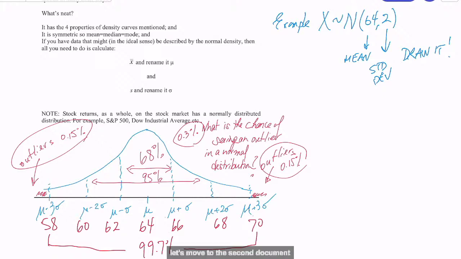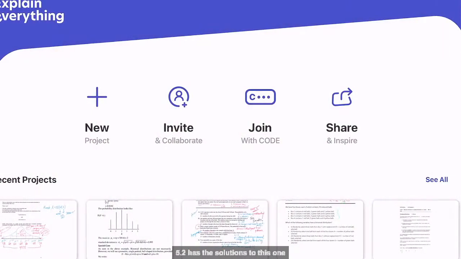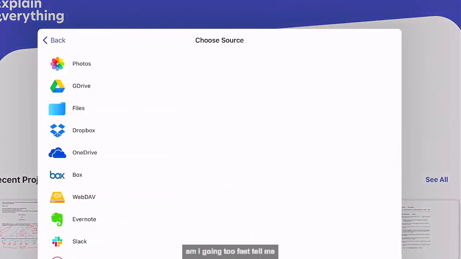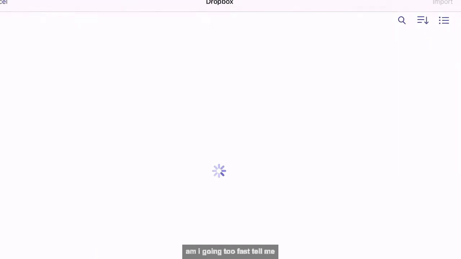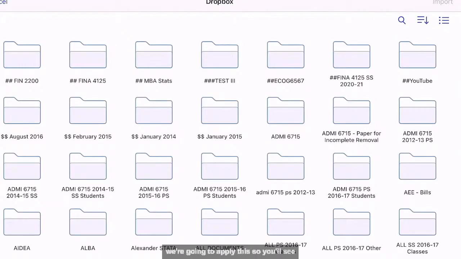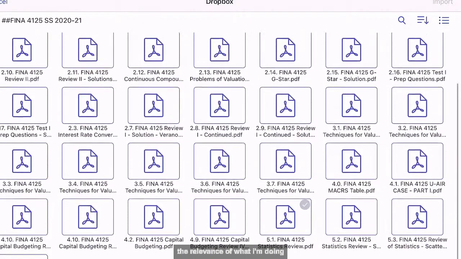All right, let's move to the second document. 5.2 has the solutions to this one. Am I going too fast? Tell me. We're going to apply this so you'll see the relevance of what I'm doing.